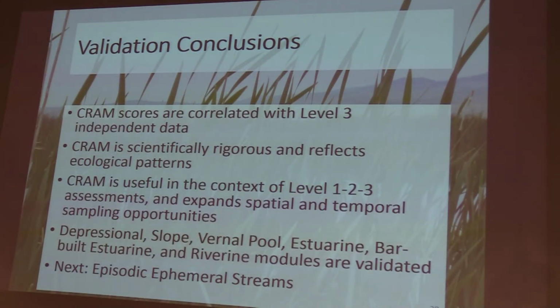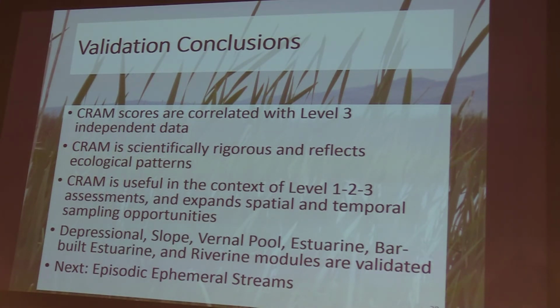So to wrap this up, CRAM scores were correlated with the independent level 3 data. So that really underlines the scientific rigorousness of CRAM and shows that it reflects ecological patterns that are out there in these wetlands. And it's useful in the context of level 1, 2, 3.